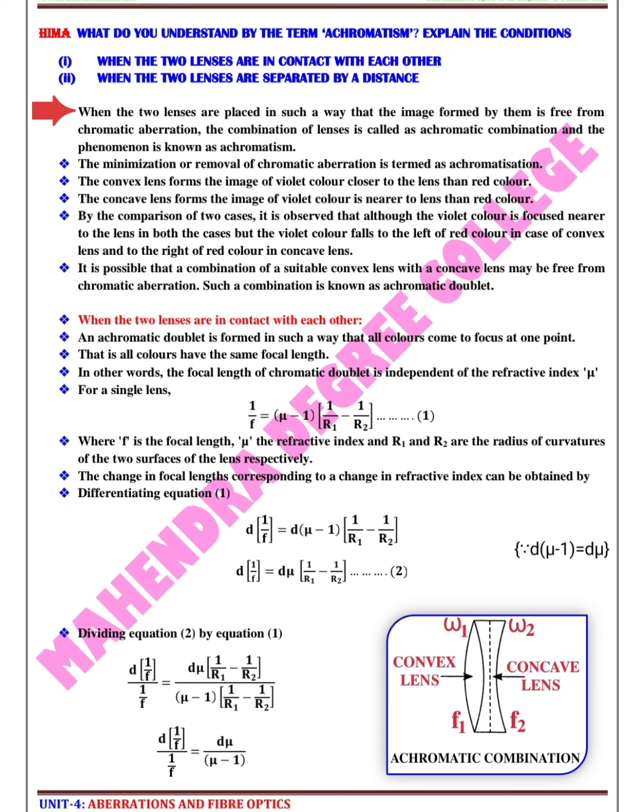This effect is called chromatic aberration. It causes blurry or colored edges in the image. The main problem is that it reduces the sharpness and clarity of the image. It's especially bad in lenses used in cameras, telescopes, and microscopes.